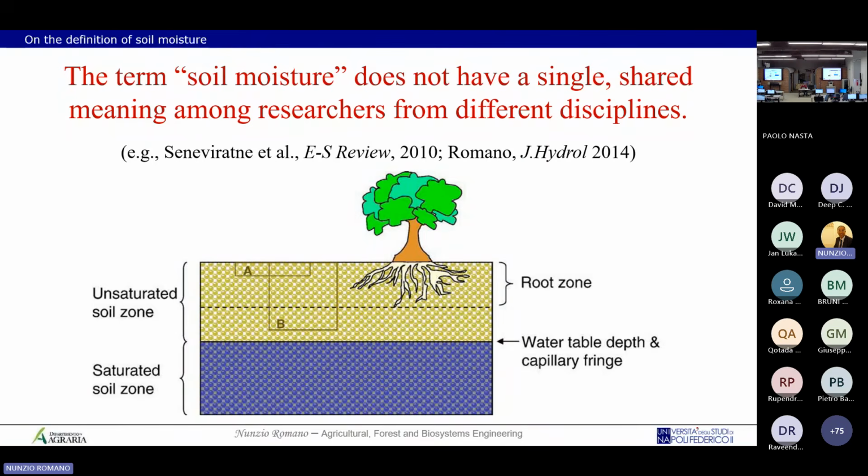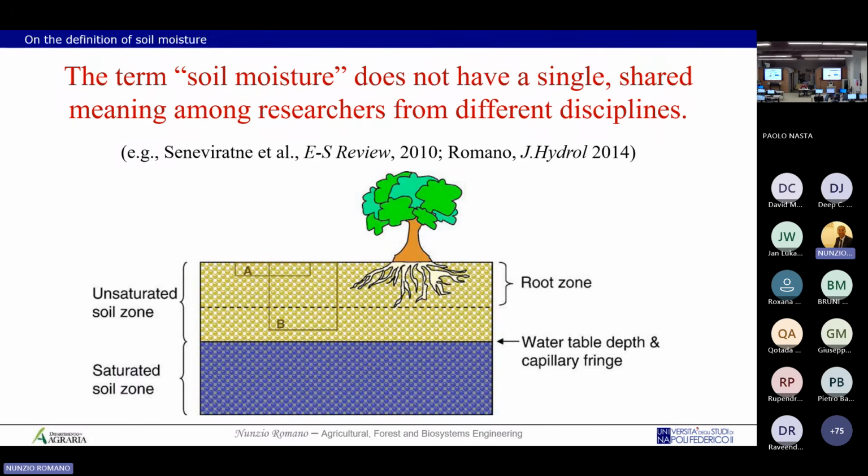This is not so easy, and the term soil moisture does not have a single shared meaning, and depends even on the scientist's background and on the different disciplines. I also try to clarify the point in my paper in Journal of Hydrology. But also a very nice point was made by Sonia Seneviratne in the Earth-Science Reviews.